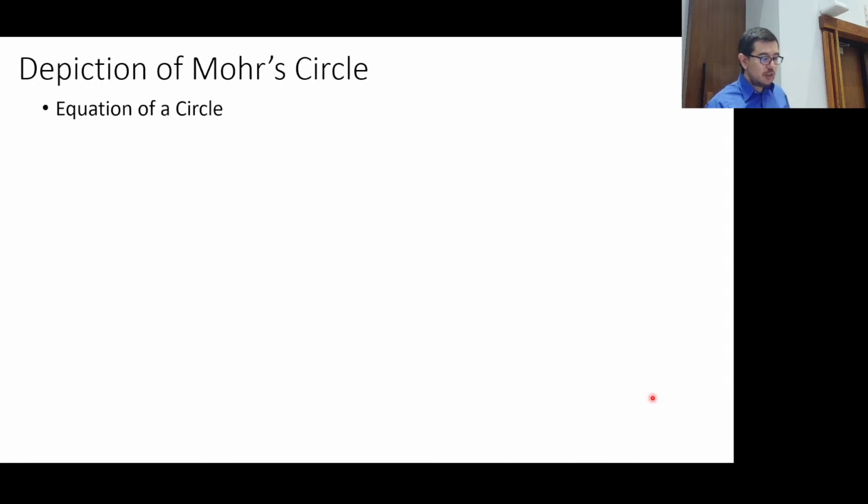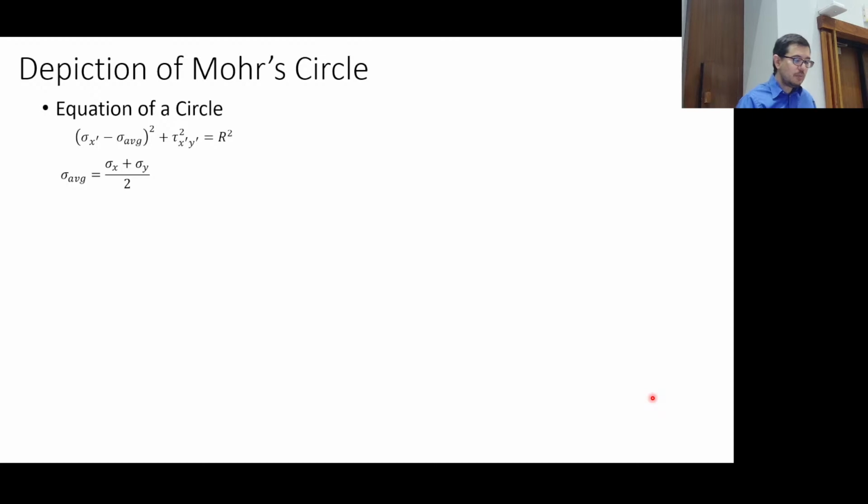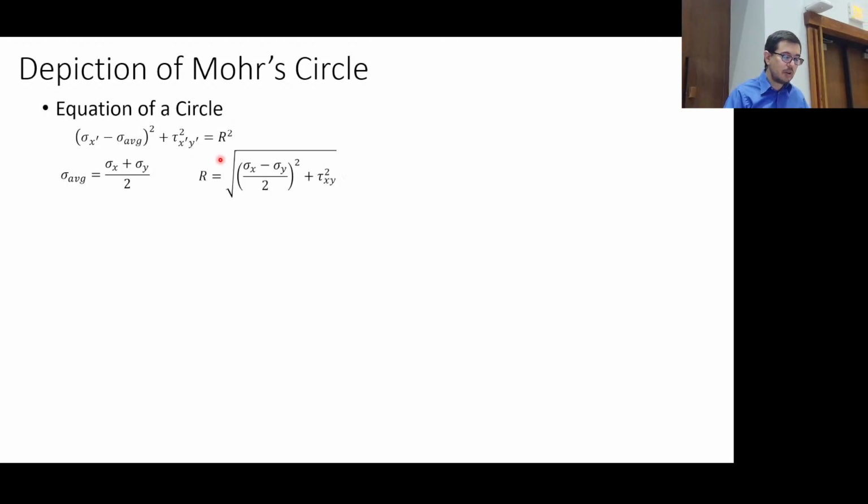Now, we have these two equations: sigma x prime minus sigma average, plus tau x prime y prime squared, is equal to r squared, and the r squared is this.